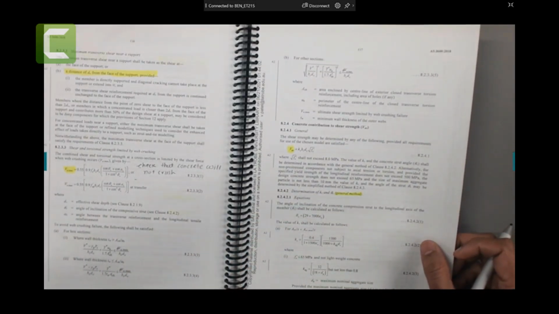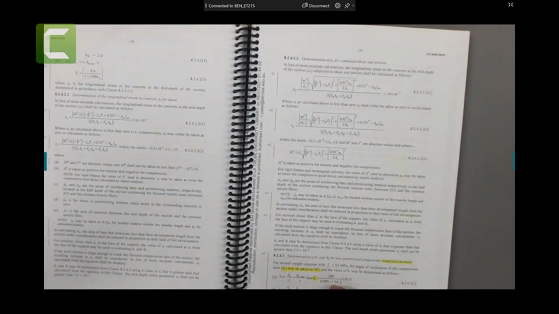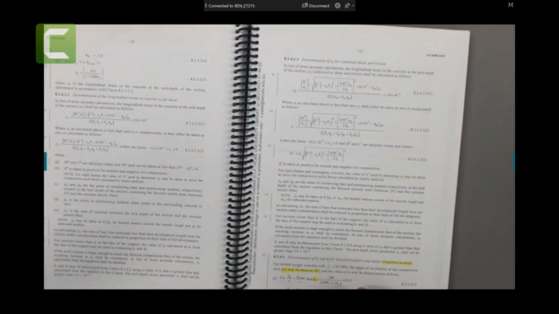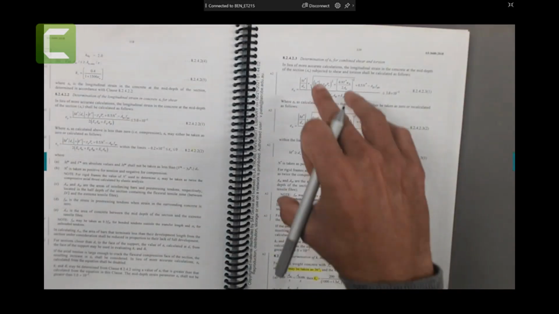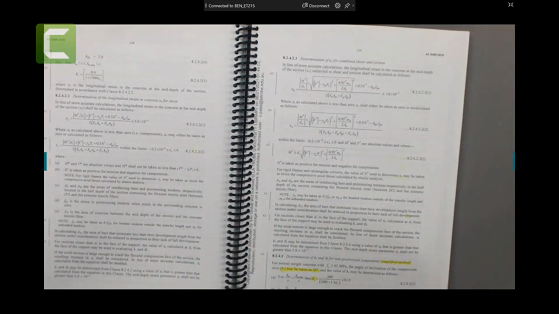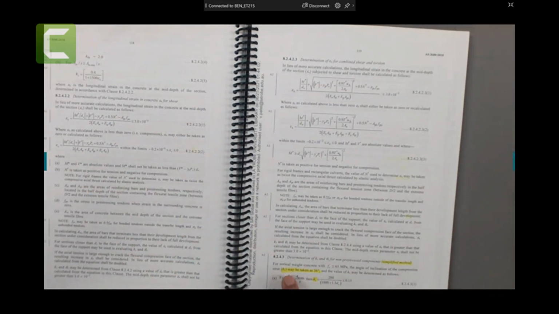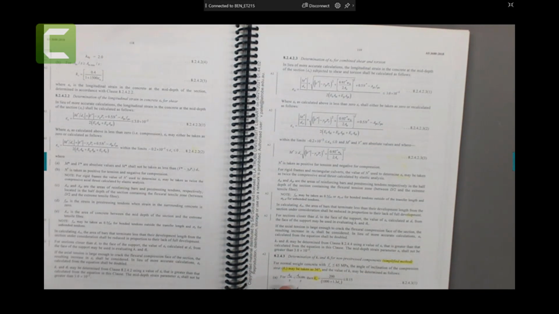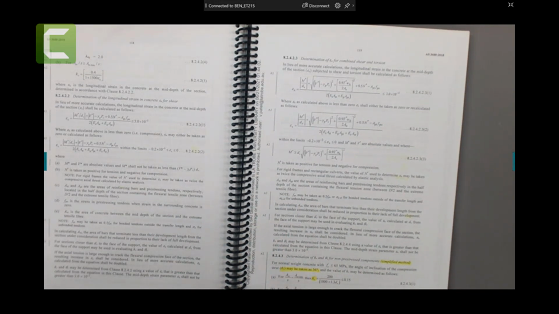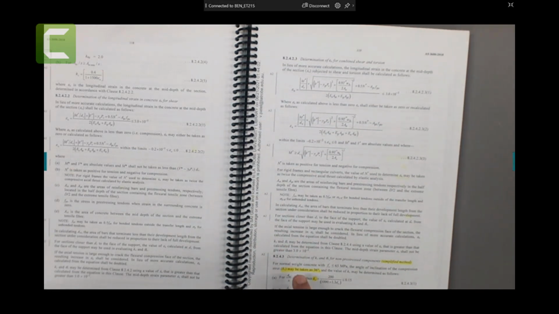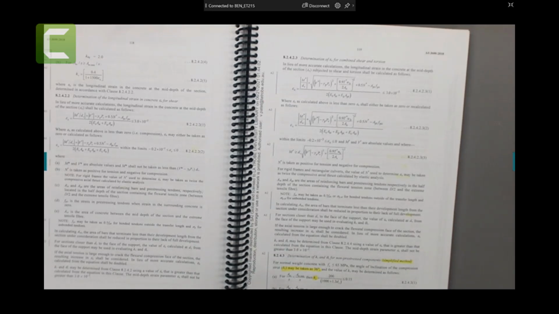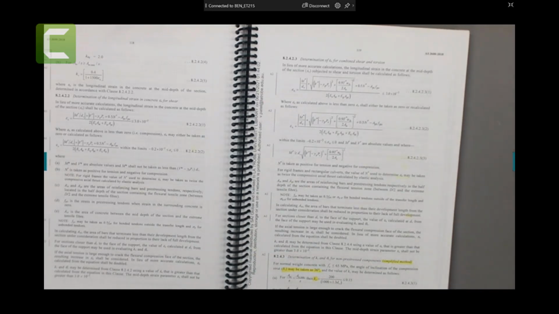The simplified method gives you an overestimation, but it is the simplest method. It is only these 4 lines, versus almost 2 pages of work. Here they say theta v equal to 36 degrees, but there is an assumption that your ASV over S is greater than ASV minimum over S, then you can take kV equal to 0.15 and theta v equal to 36 degrees. So we make this assumption and we can check it later.